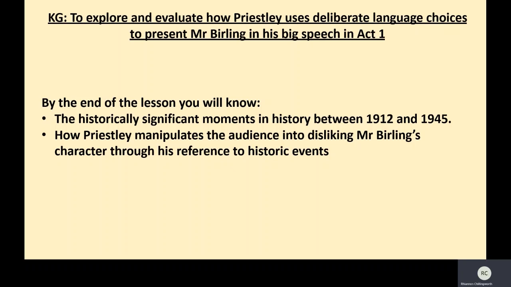Remember, Priestley wrote the play in 1945, but deliberately chose to set the play in 1912, two years before World War I. And he did that for some very deliberate reasons that we're going to explore today. We're also going to consider how Priestley manipulates the audience into disliking Mr Birling's character through his reference to these historic events. Okay?